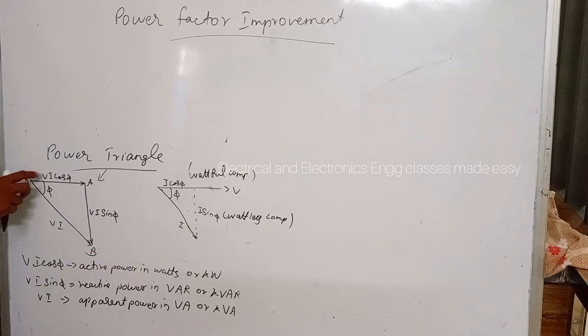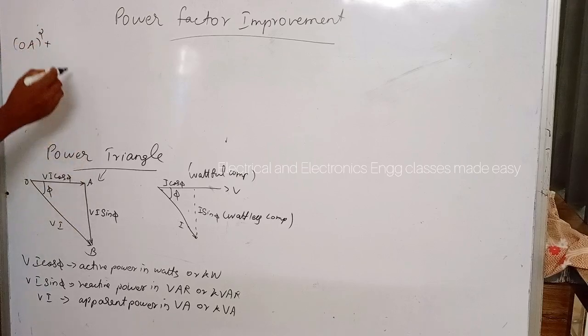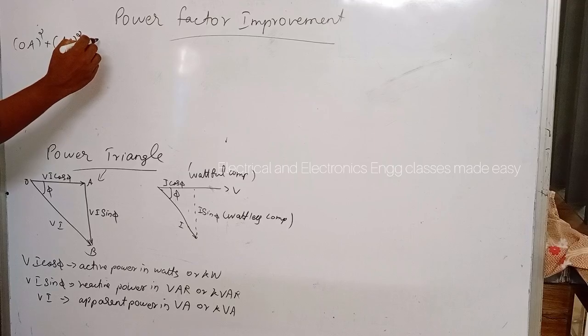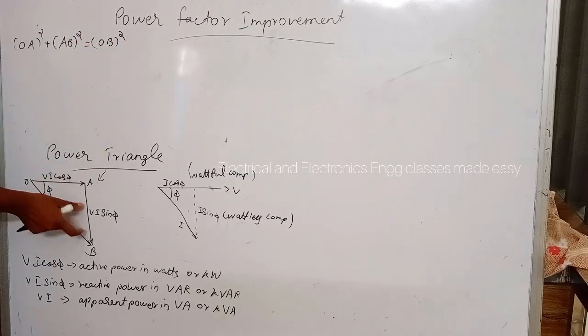And in this power triangle, if we apply the Pythagoras theorem, OA squared plus AB squared equals OB squared. It is Pythagoras theorem: base square plus altitude square equal to hypotenuse square.